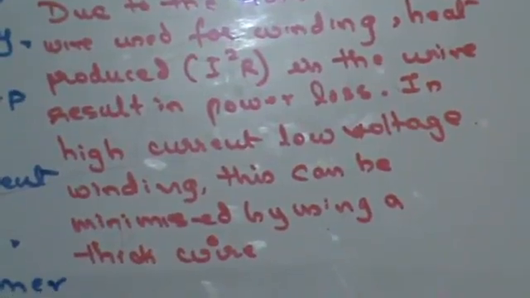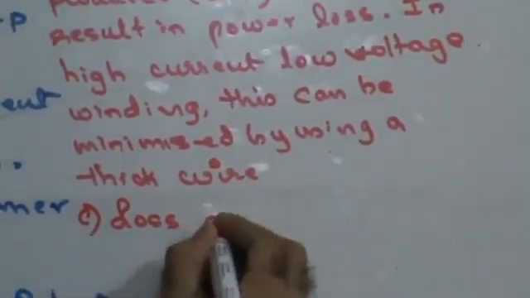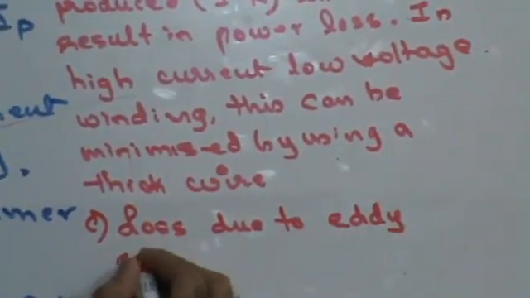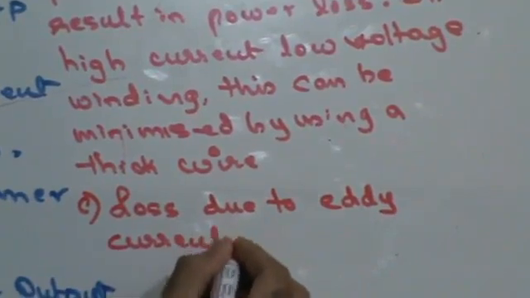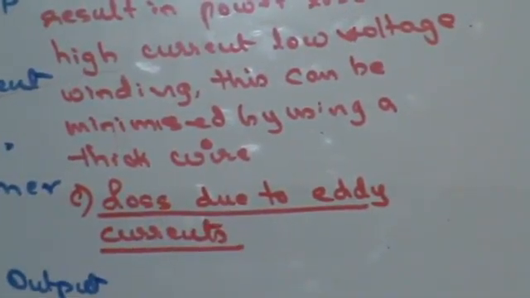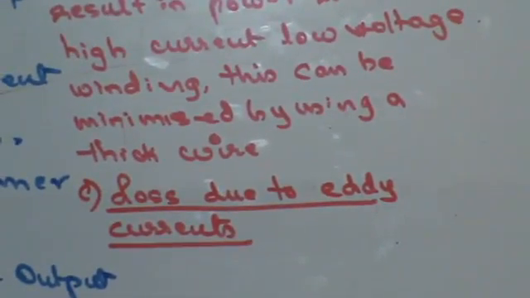Third kind of loss is loss due to eddy currents. Let's see the loss due to eddy currents. In case of alternating current, we have alternating magnetic flux. The alternating magnetic flux will induce eddy currents in the soft iron core, which will cause the core to heat up.